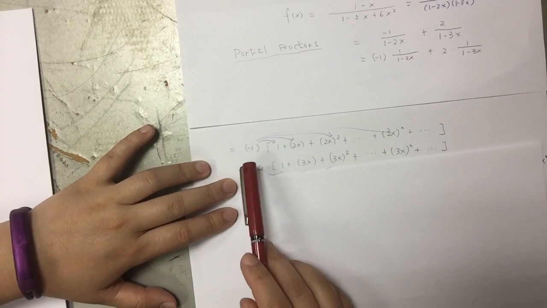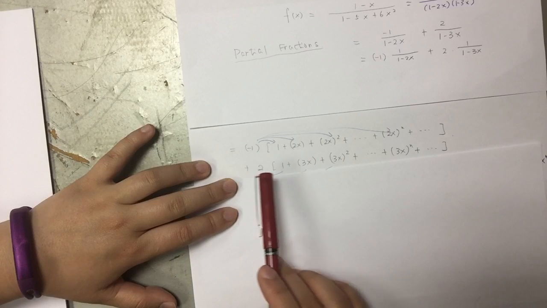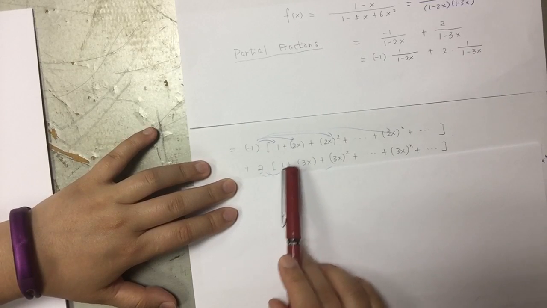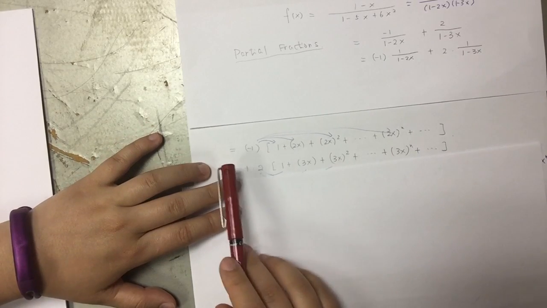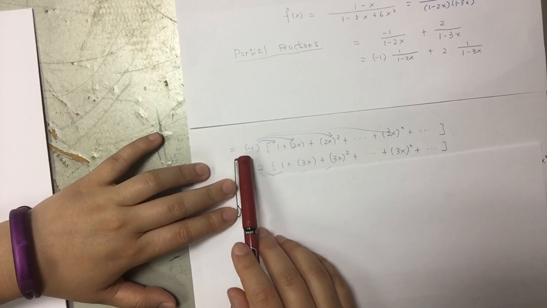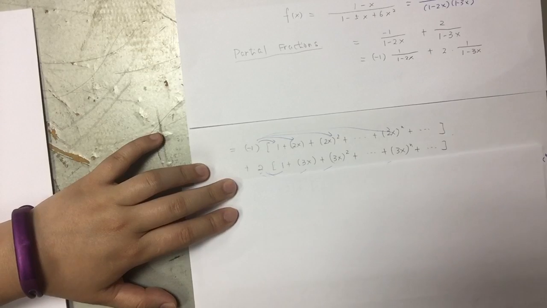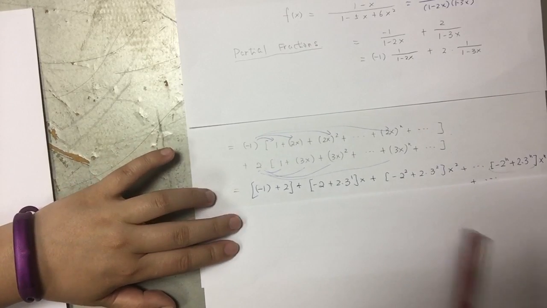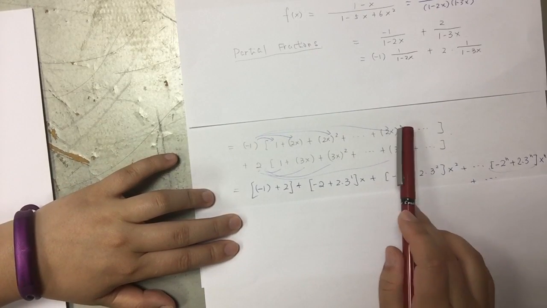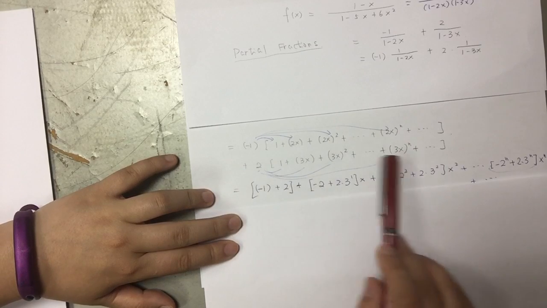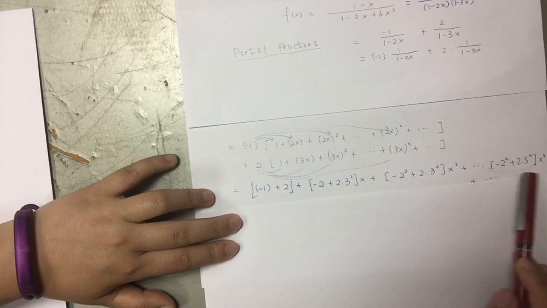So the constant term will be -1 times 1 plus 2 times 1, and the x term will have the coefficient -1 times 2 plus 2 times 3, and so on. In general, we will have -1 times 2 to the n plus 2 times 3 to the n, like here.